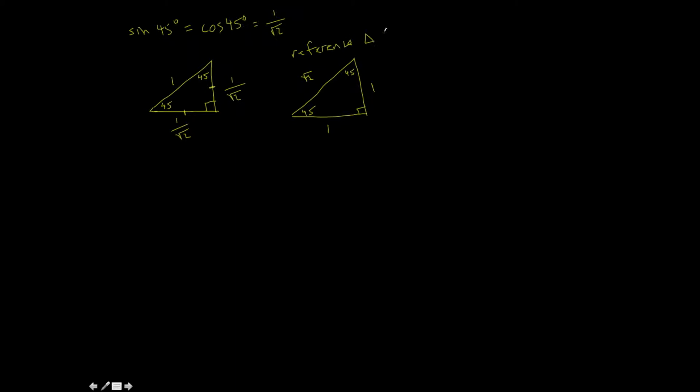And I'll abbreviate the word triangle with a triangle symbol. This is a reference triangle. Now, the same thing occurs with sine and cosine of 30 degrees. So 30 and 60 degrees are the tricky ones.